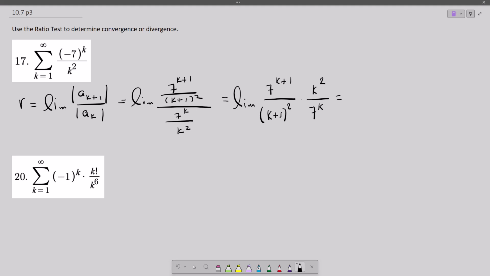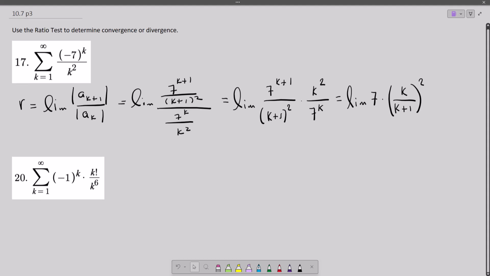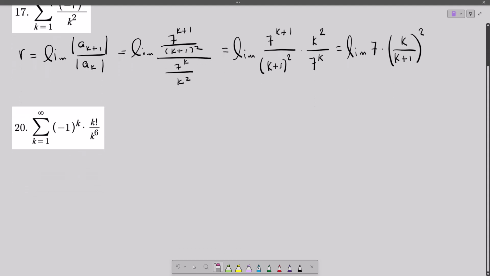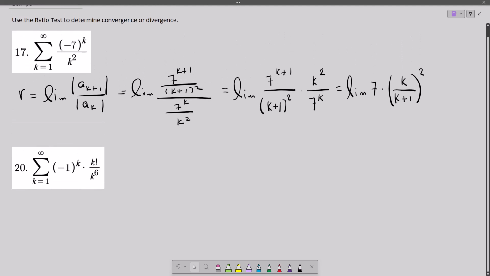All right, it starts to get pretty obvious with the constants. We see there's one extra 7 in the numerator. And then I'm going to group these square terms together again, so that's k divided by k plus 1 quantity squared. And what is our limit going to be here? 7.